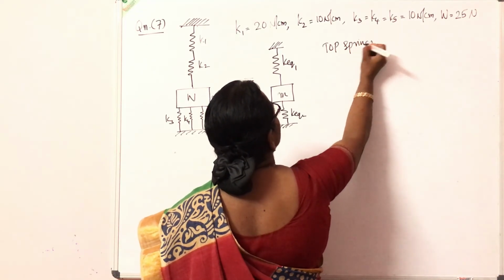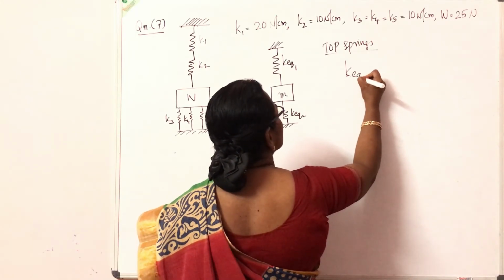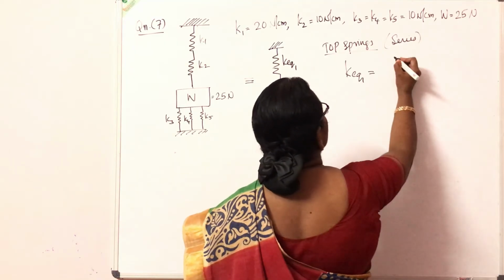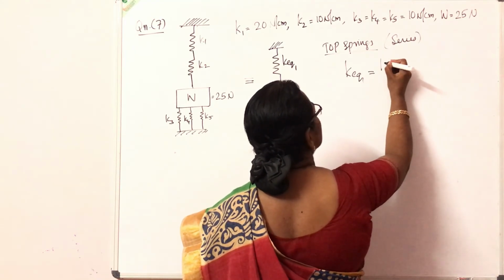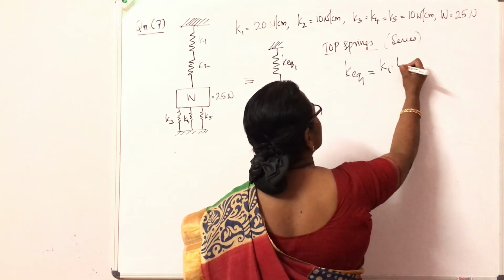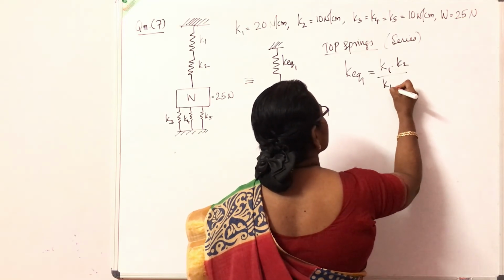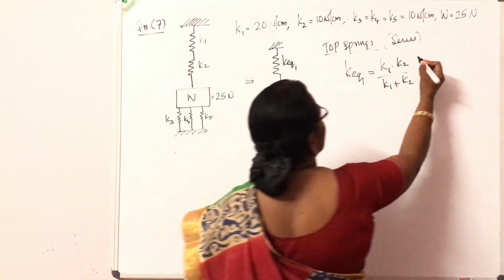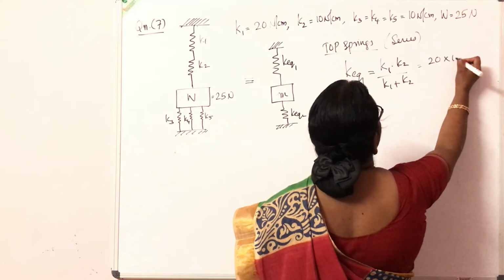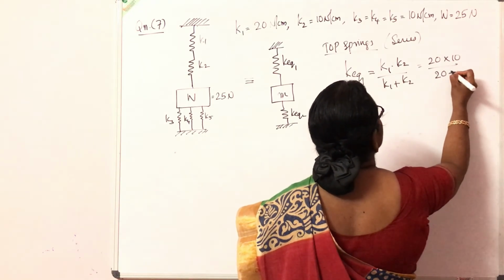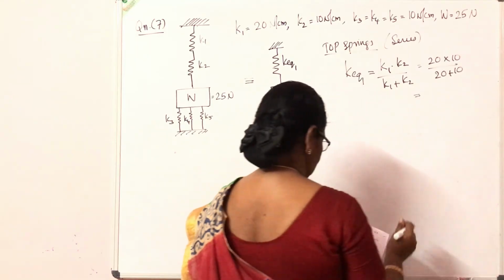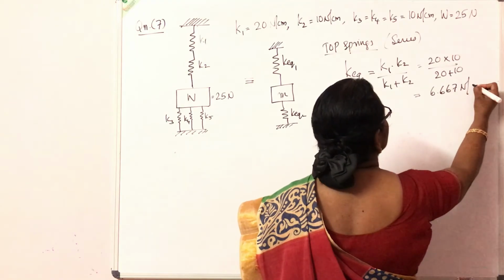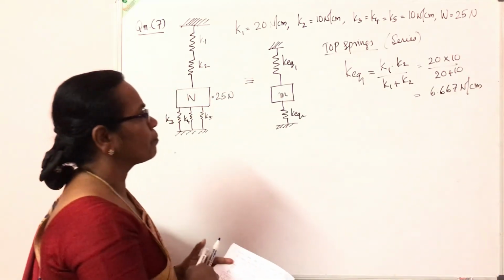Considering the top springs, K equivalent 1, they are in series. So K equivalent 1 is equal to K1 K2 divided by K1 plus K2. All these values are given. K1 is 20, K2 is 10, divided by 20 plus 10. This works out to 6.667 Newton per centimeter.